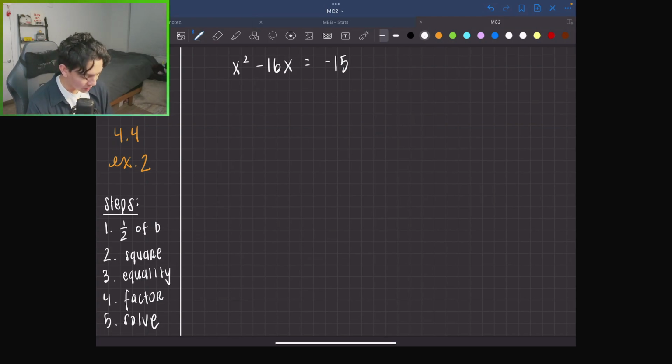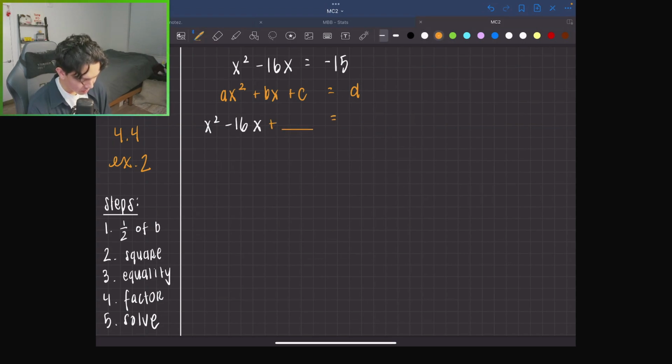And remember, if we're going to complete the square, we need to make it look like ax squared plus bx plus c is going to equal some value over here. So what value do we need to add to both sides of the equation?